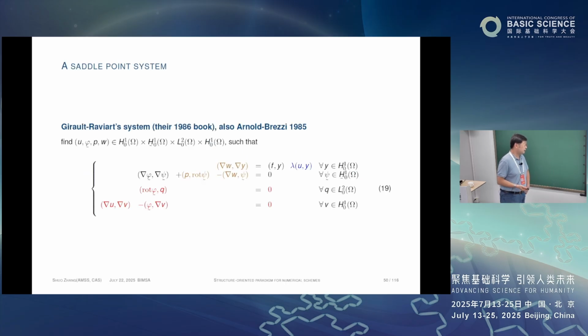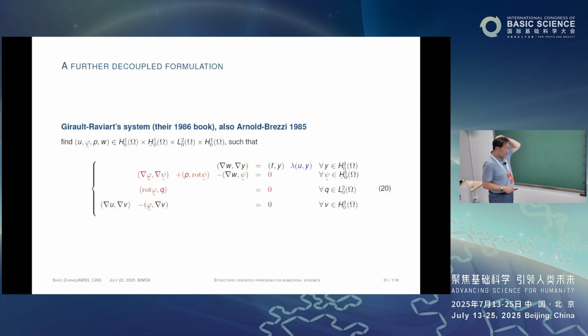Okay, that's all. Here we introduce the restriction, and we introduce a Lagrange multiplier, and we can formulate this expanded system. This system is not that new. It goes back to Rivière's book and Arnold and Brezzi's paper.